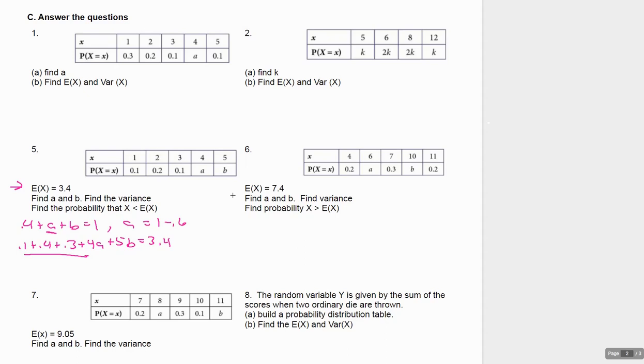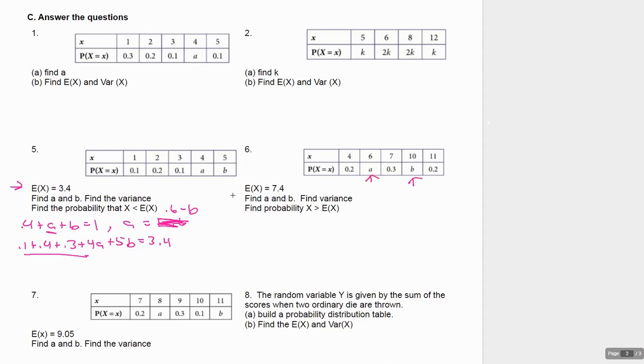Oops, not 0.6, B. 1 minus 0.4 is 0.6, and so it's going to be 0.6 minus B. That's what A is equal to, yeah? I think so, yes.